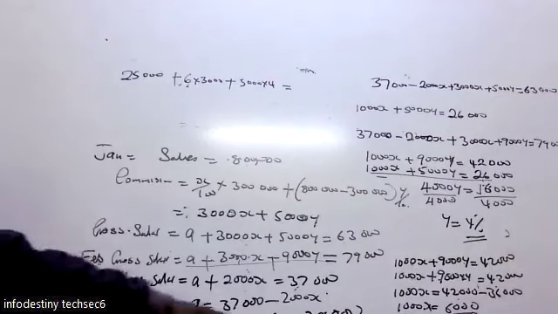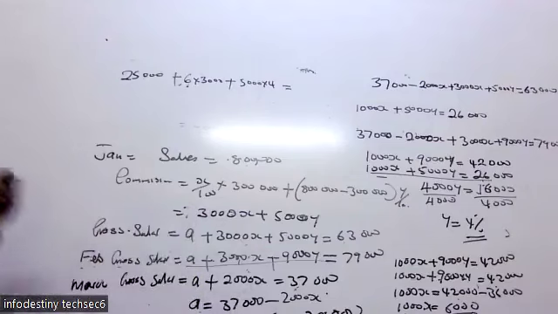So because we took 2,000 here, because it's in percentage, to be 6 times 2,000. Now we can now continue.